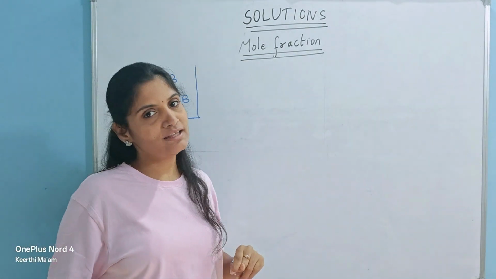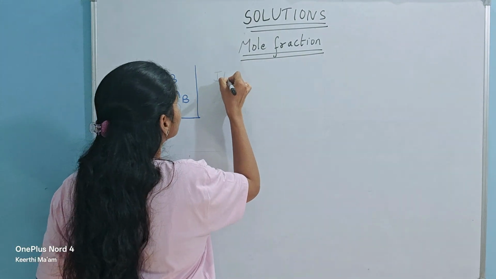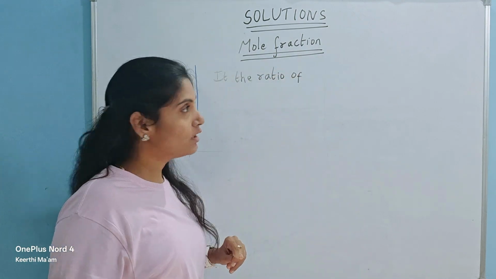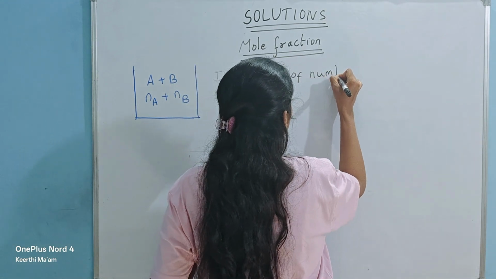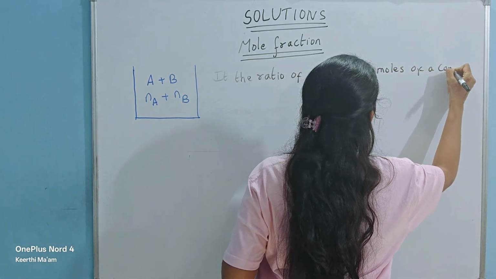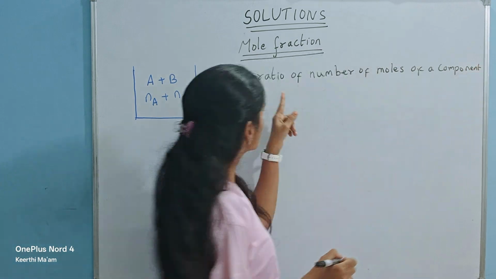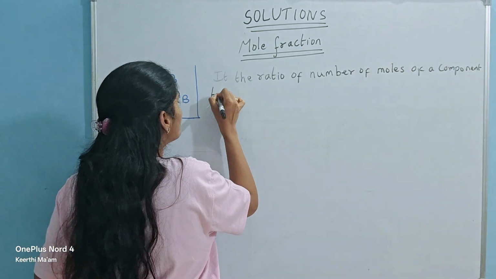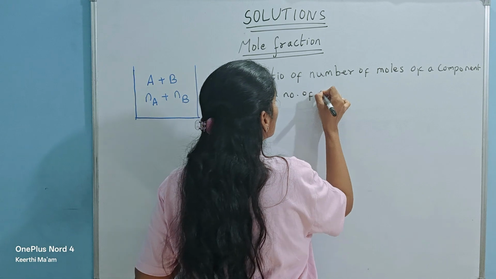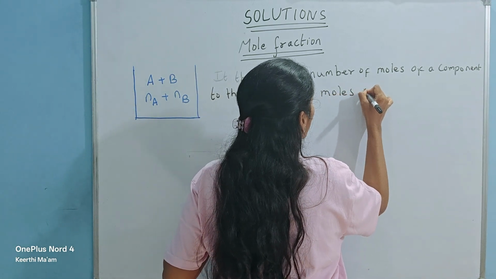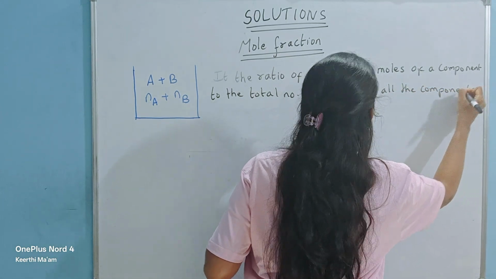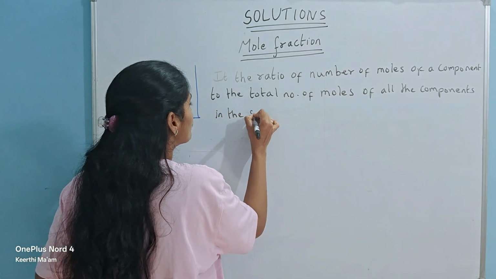Now when we come to what exactly is the mole fraction, it is the ratio of number of moles of a component to the total number of moles of all the components in the solution.